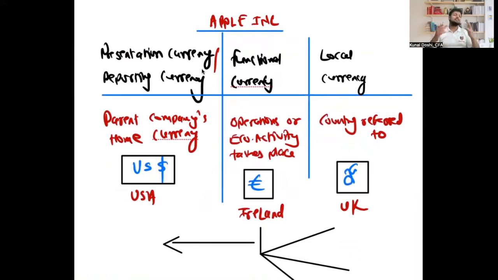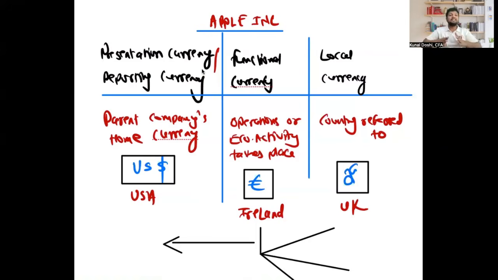There is a possibility that two of these currencies may be the same. What is a presentation or reporting currency? It is where the parent company reports its consolidated financial statements. So we took the case of Apple, where the US dollar is the parent's reporting currency.